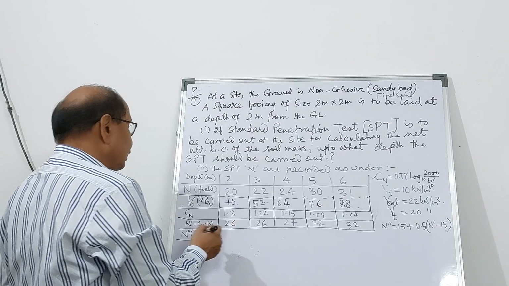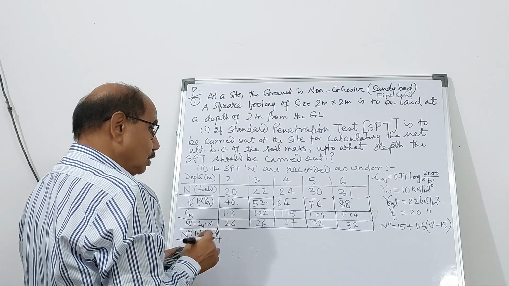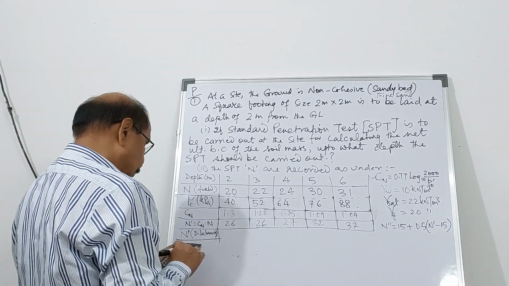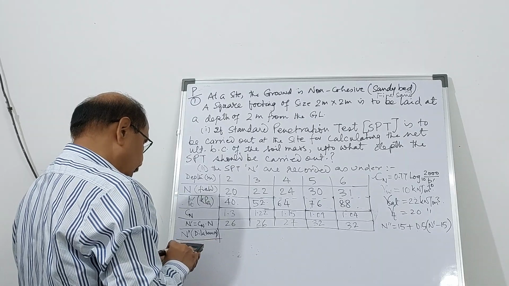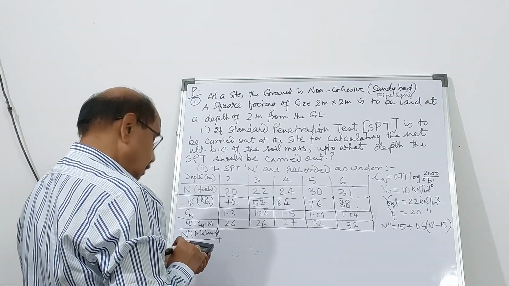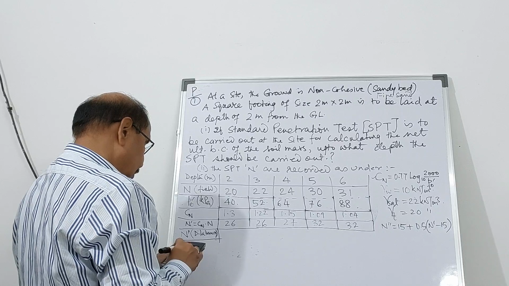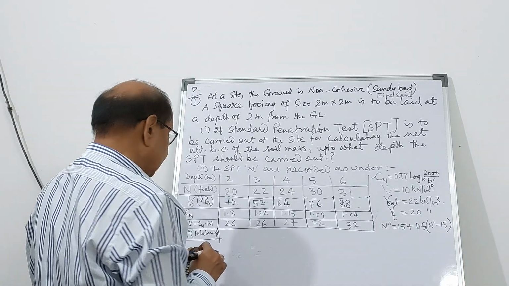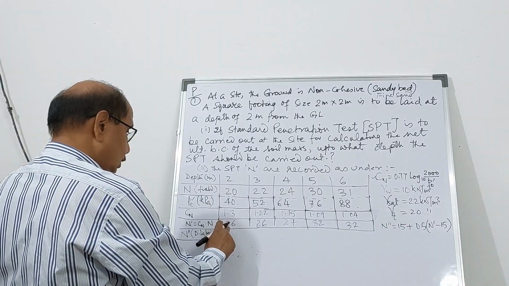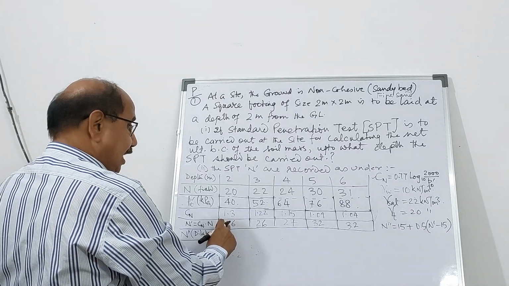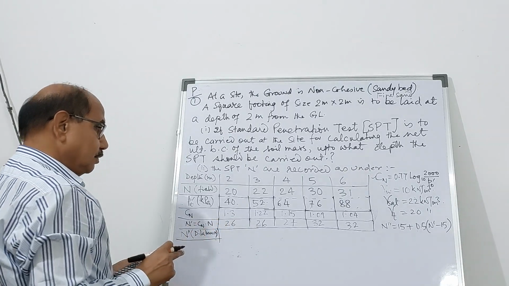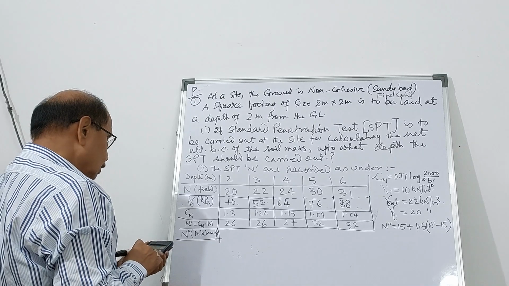So let's correct the value: 15 plus 0.5 multiplied by, now N prime is 26 minus 15, it is 11.